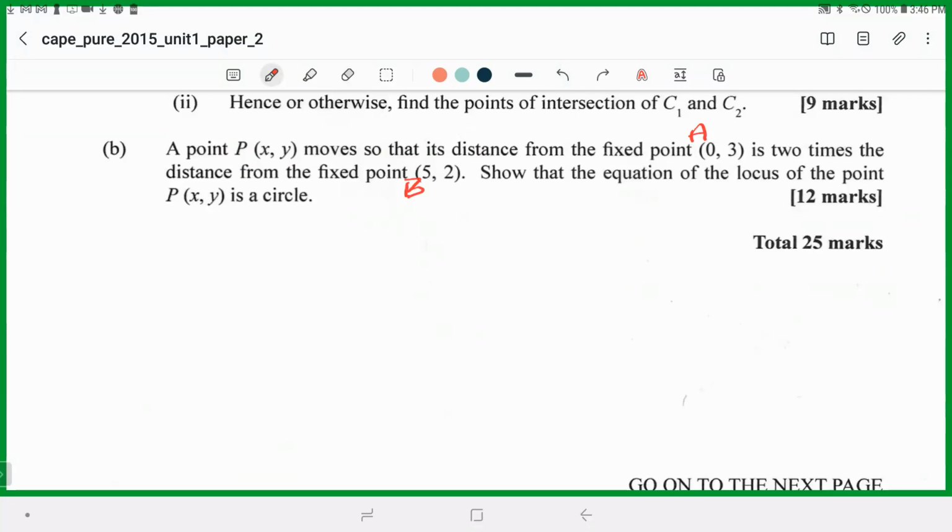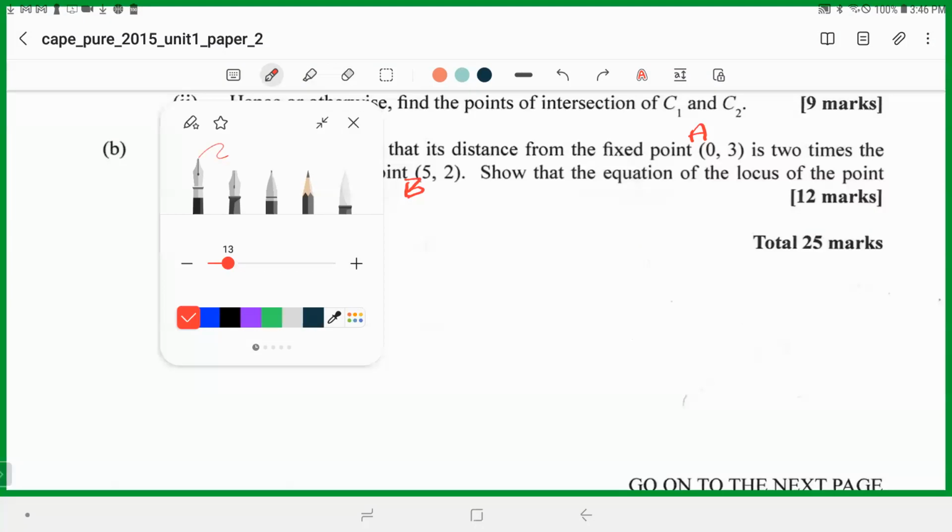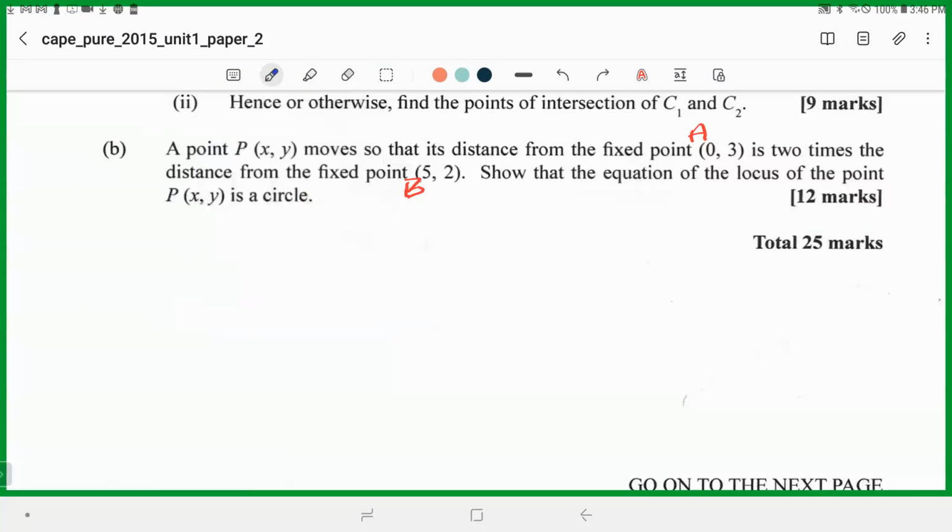So basically what I've said is that this distance AP, let's put it in blue, AP is 2 times the distance from this point. So this distance now is BP. It's 2 times BP. That's what you're solving. AP is 2 times BP.